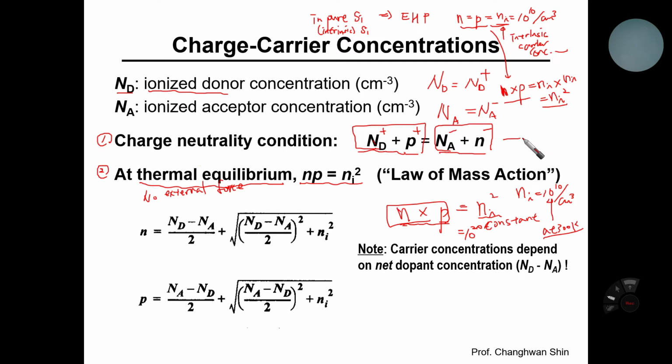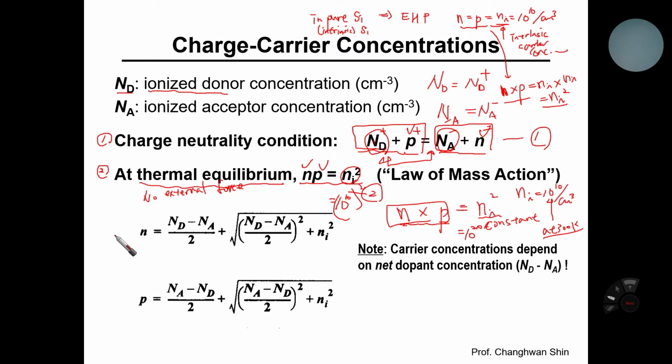All right, so now let's number those two equations, one and two. Take a look at equations 1 and 2. N sub D and N sub A, the impurity concentrations, we know. And n sub i squared at room temperature is 10 to the 20. So we have two unknown variables, p and n. The other terms are constants, or values that we can control.